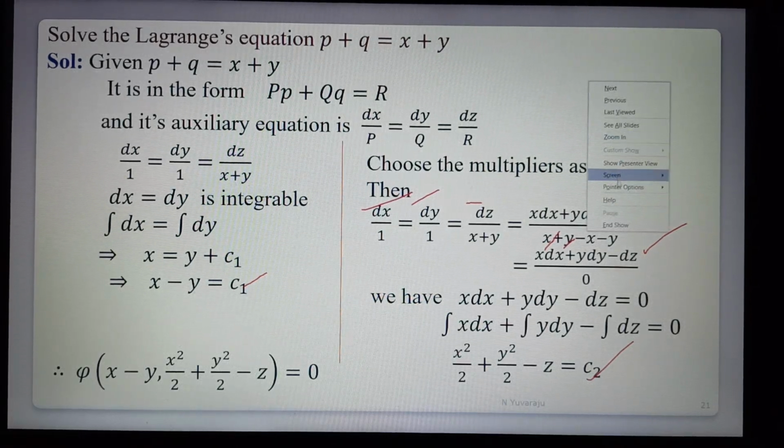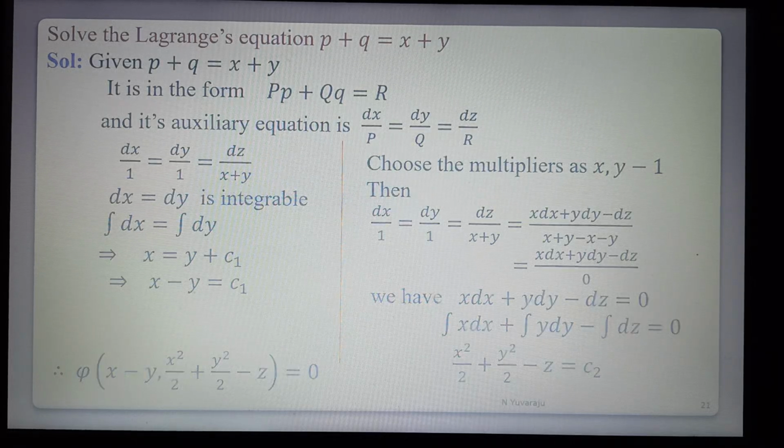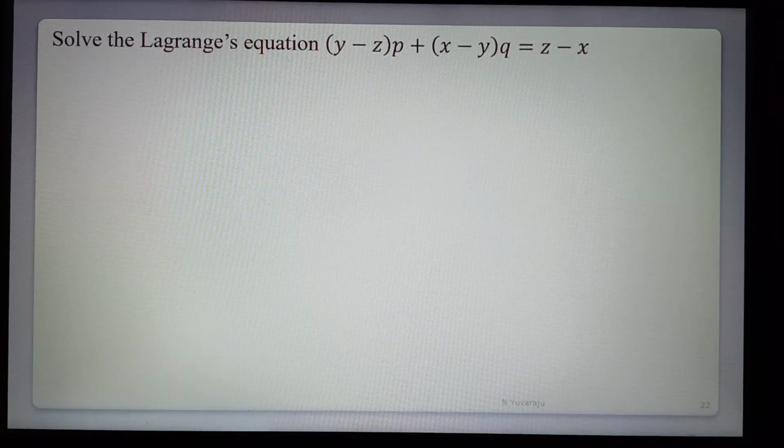Okay, so see the next one. Solve the Lagrange's equation y minus z into p plus x minus y into q is equal to z minus x. This is also an important question.